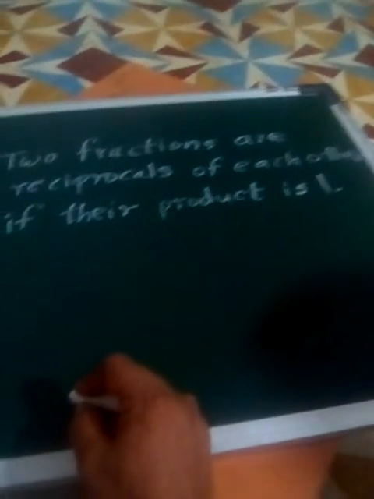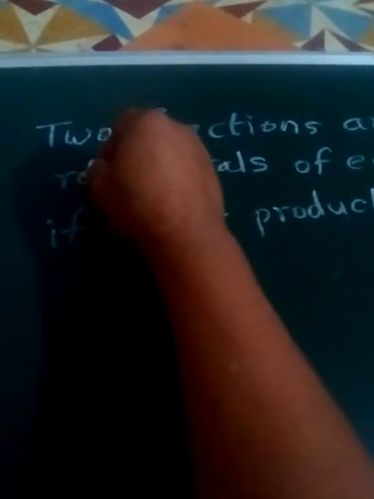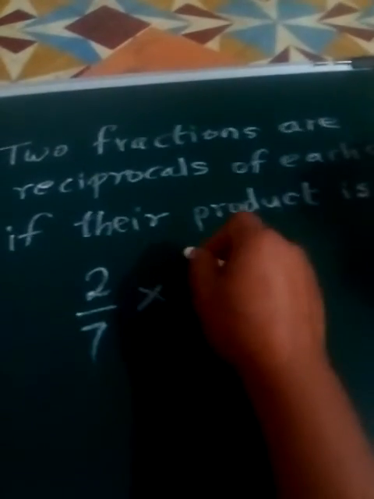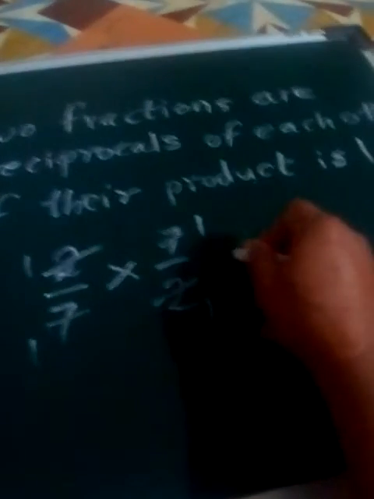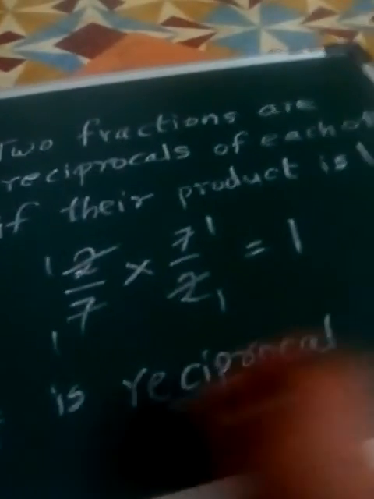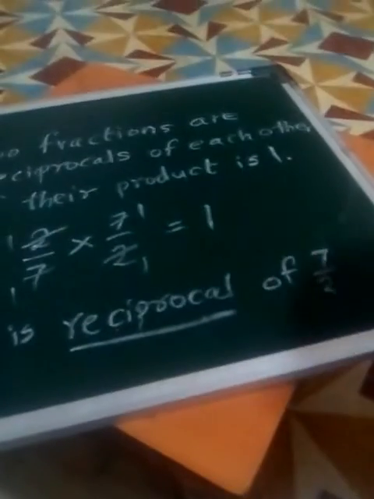So suppose we have a fraction 2 by 7. If you multiply this by 7 by 2, you get 2 under 2, 7 under 7, and the answer is 1. So we say that 2 by 7 is the reciprocal of 7 by 2. Understood this?